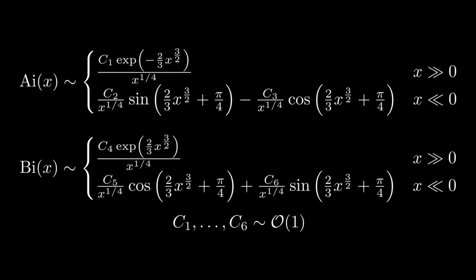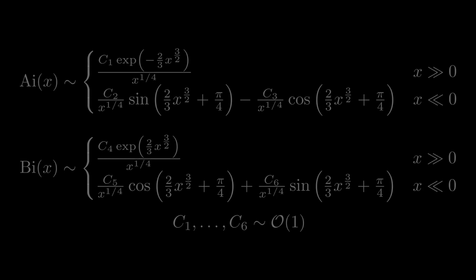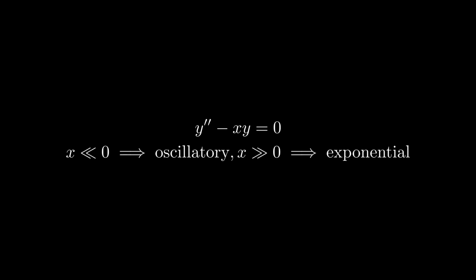Asymptotically, these functions actually behave like either sine, cosine, or exponentials of plus or minus 2/3 times x to the 3/2 power, with some additional offset or scaling. This combination of oscillatory and exponential-like behavior makes sense if you look at the differential equation, since the sign of x controls whether the differential equation is similar to that with sine solutions versus exponential solutions.